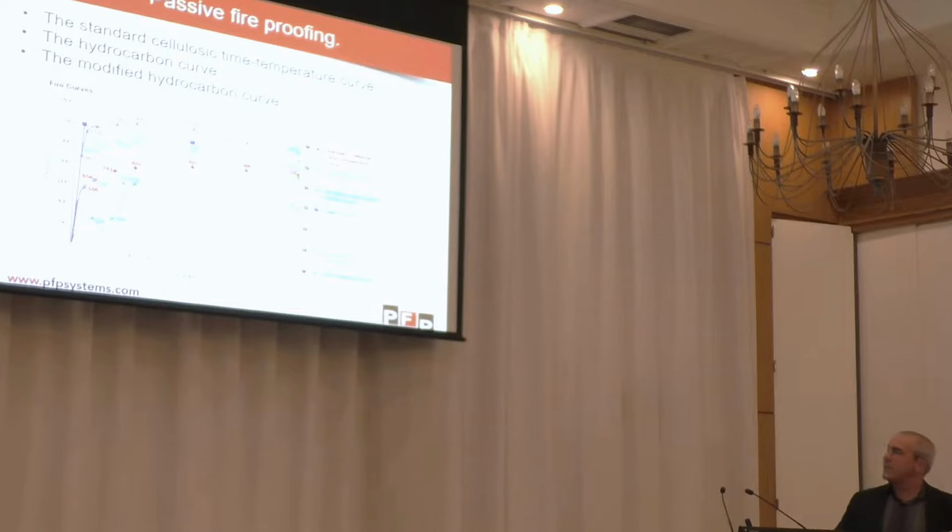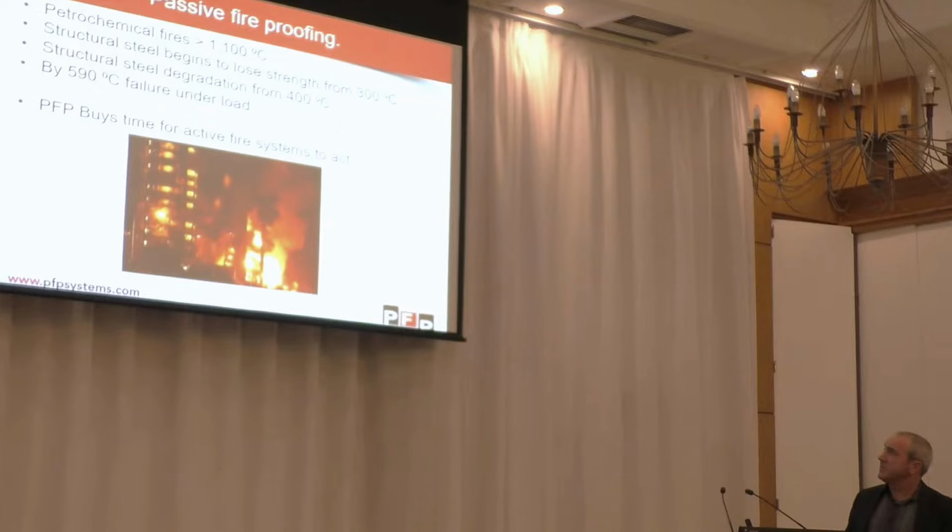So when designing or specifying a passive fire system, we've got to take into account the source of the fuel and how it behaves. You can see that at its maximum, the cellulosic fire reaches just over 1,000 degrees Celsius over a period of time. Hydrocarbon is around about 1,100, and then the modified hydrocarbon around 1,300 degrees Celsius.